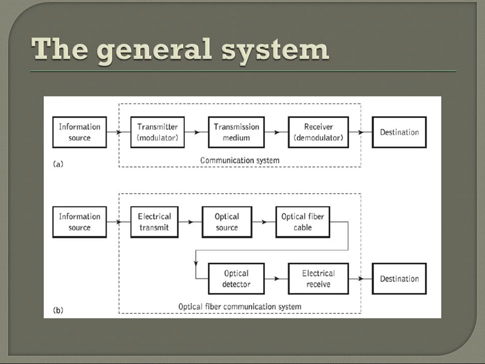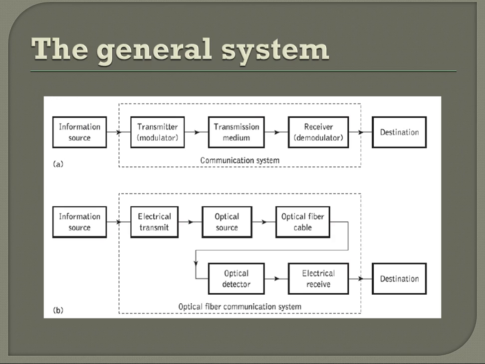In electrical communication, the information source provides an electrical signal, usually derived from a message signal which is not electrical, to a transmitter comprising electrical and electronic components, which converts the signal into a suitable form for propagation over the transmission medium. This is often achieved by modulating a carrier.